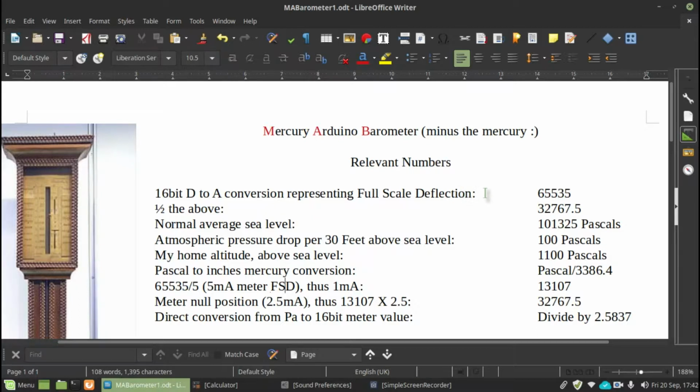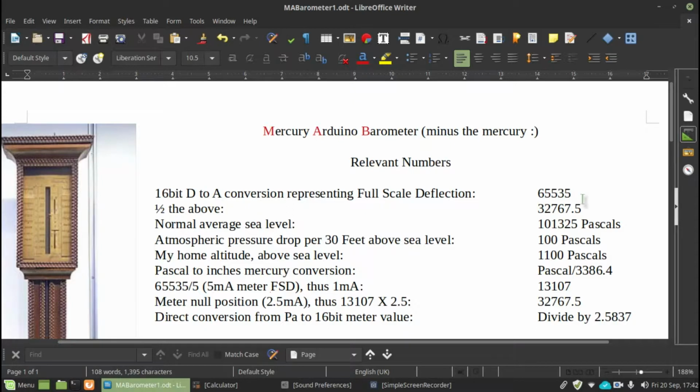Well, that is the full scope of 16 bits, which is 65,535. I don't know whether I mentioned it before, but I tried the intrinsic 8-bit wide D to A conversion for this barometer, but I found the resolution just not sensitive enough for this particular need. It does need 16-bit resolution.